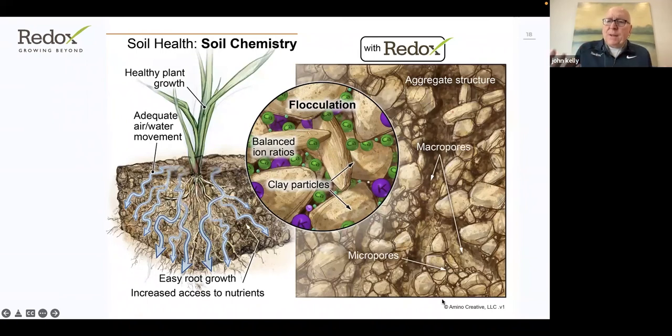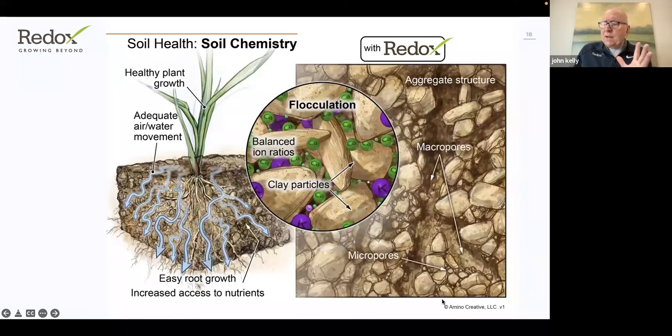Not only does that impact biology in a beneficial manner and the potential for roots to grow, it also helps deliver nitrogen to the root zones more efficiently. So again, this concept of improving soil health can have a profound impact on nitrogen efficiency.